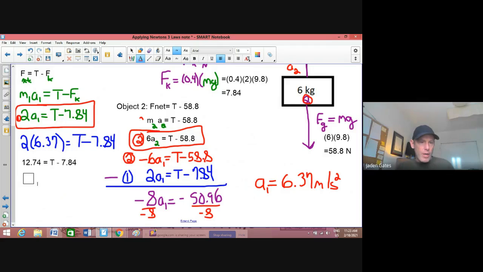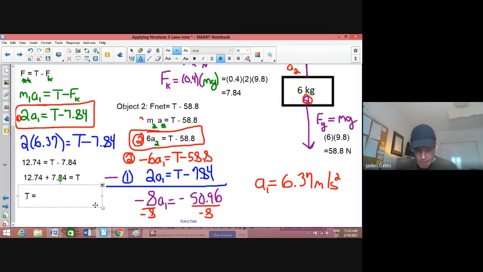I'm going to move that negative 7.84 over to the other side, which, of course, when it changes sides, changes sign. And if I add those two numbers together, equals T. There we go. I put those two numbers together, and that is the force that the string is going to be pulling on both objects.